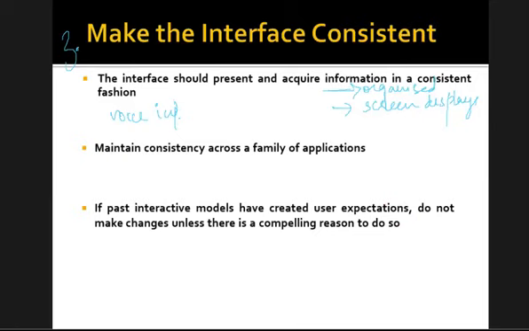So the next one is maintain consistency across a family of applications. Maintaining consistency among a set of applications, this specific rule states that you need to follow the same design rules, whatever design rules you're following.